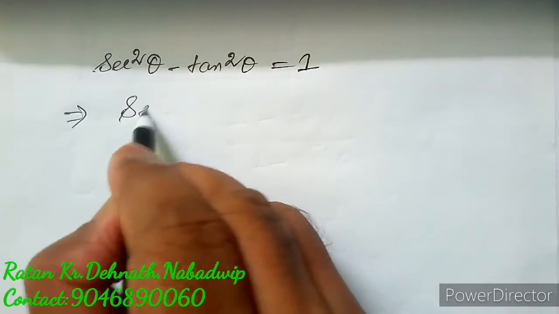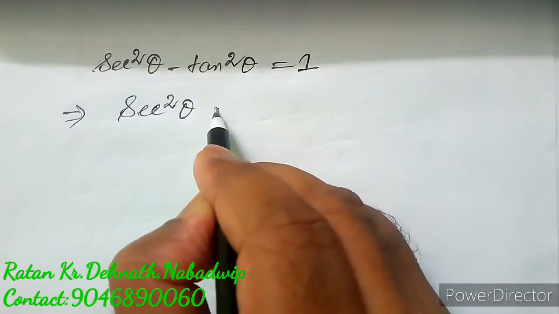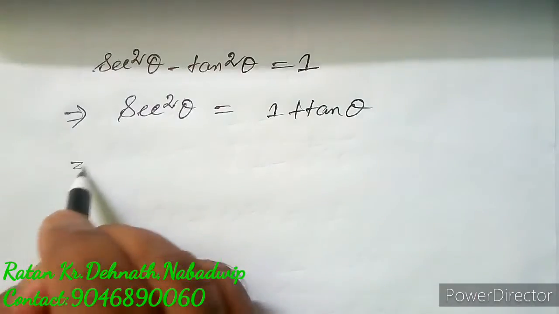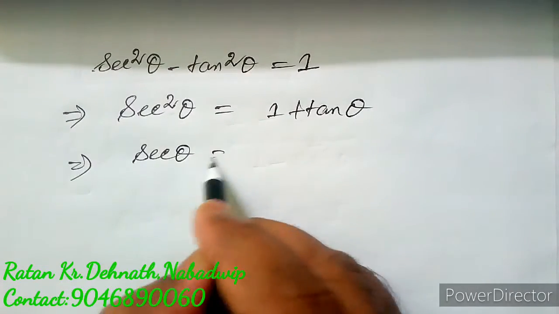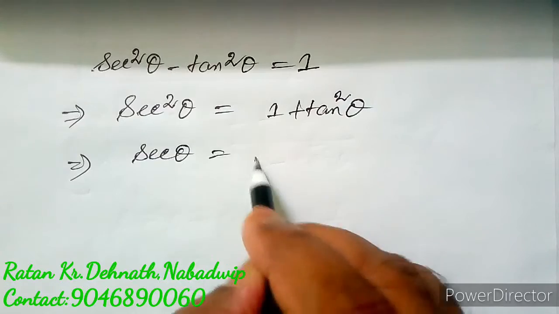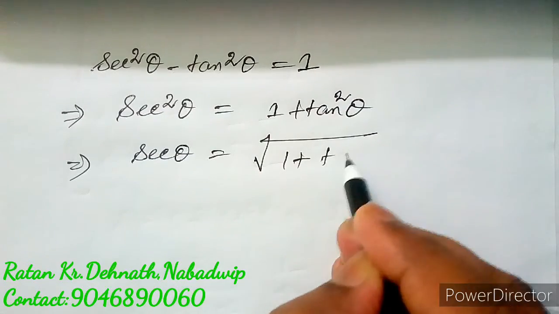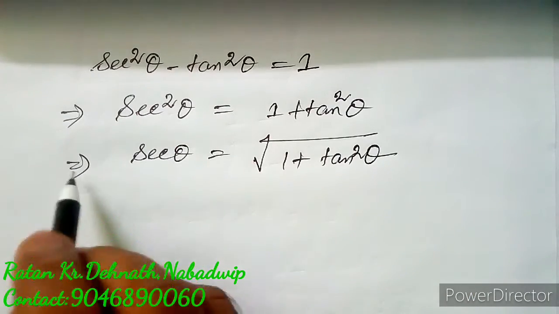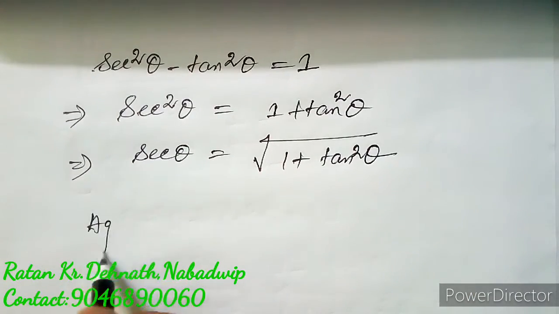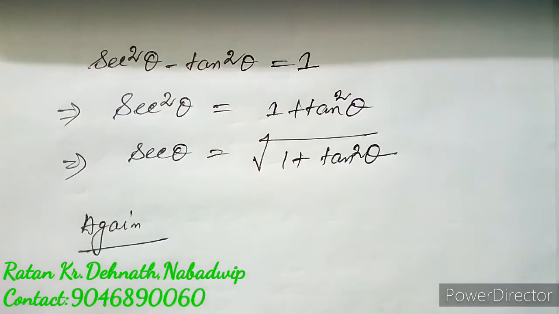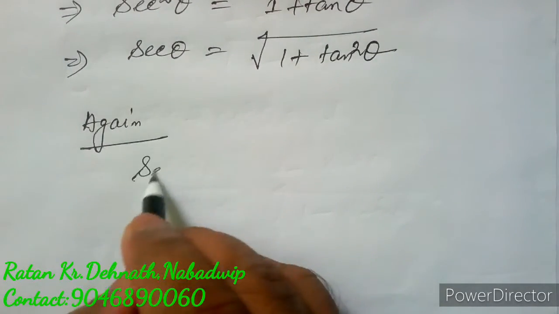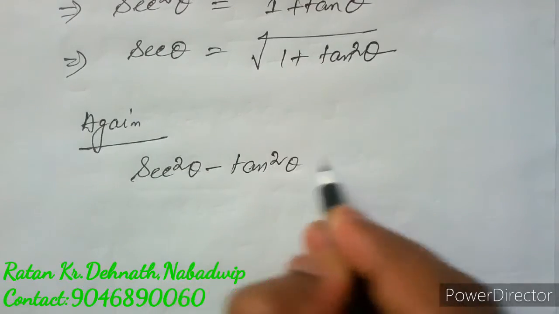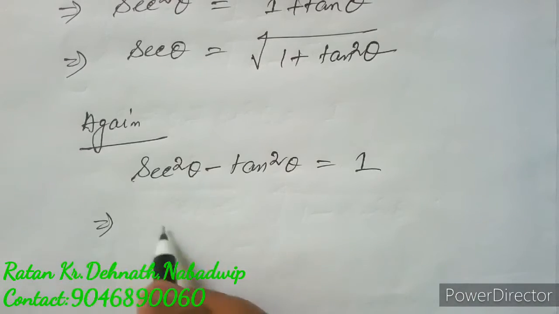So sec square theta equals to 1 plus tan square theta, or sec theta equal to root over 1 plus tan square theta. Again, sec square theta minus tan square theta equal to 1.